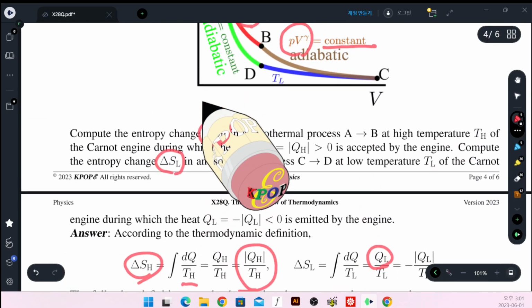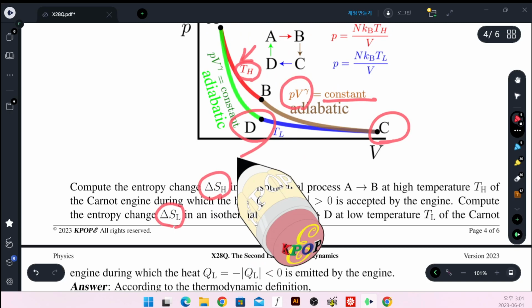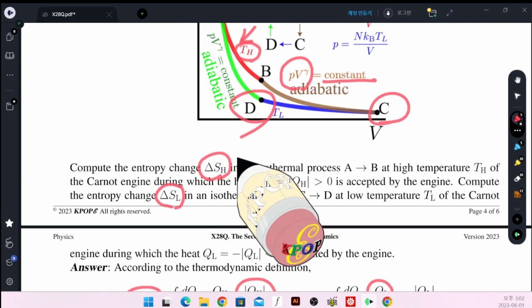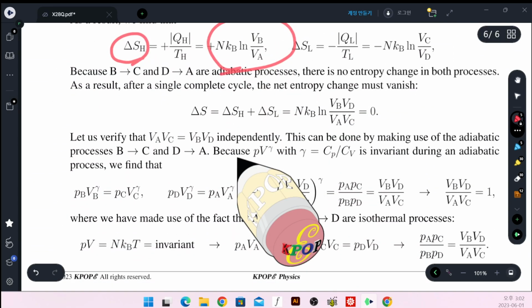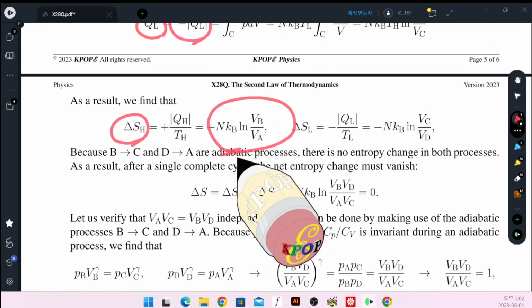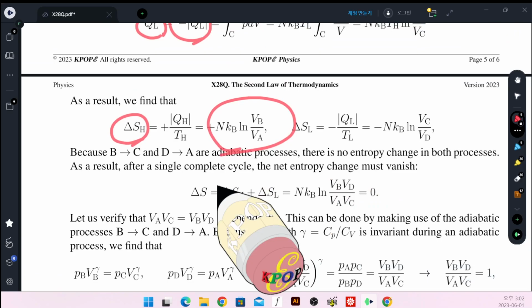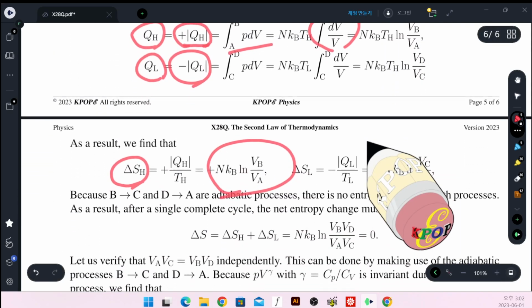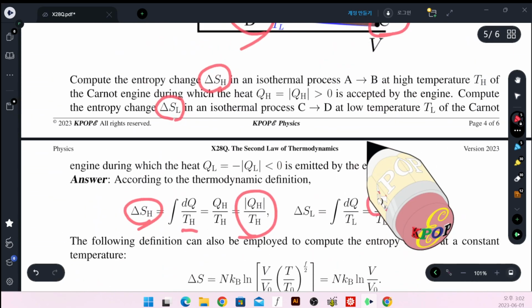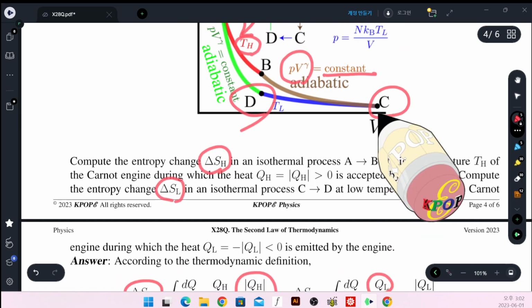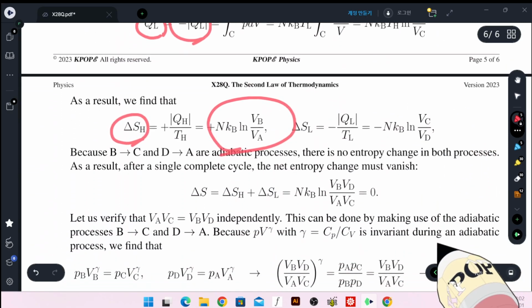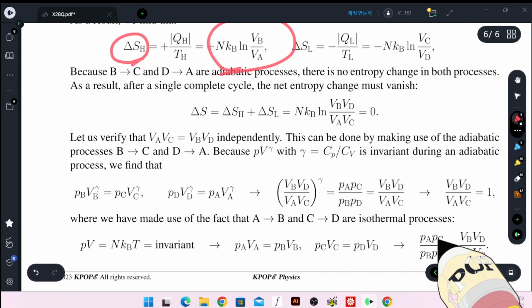Again, we have this constant temperature process at low temperature. It is negative definite, and again that involves the logarithm of the ratio of the initial to final volume.